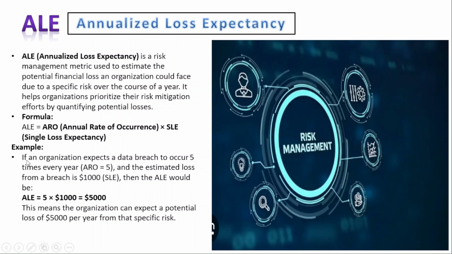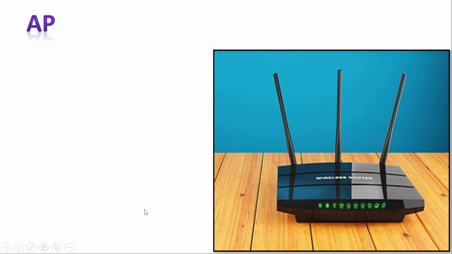So let's suppose, for example, if an organization expects a data breach to occur 5 times every year, that means that annual rate of occurrence or ARO is 5, and the estimated loss from a breach is $1000, that is SLE is $1000, then the ALE would be 5 times 1000, that is $5000. This means the organization can expect a potential loss of $5000 per year from that specific risk.